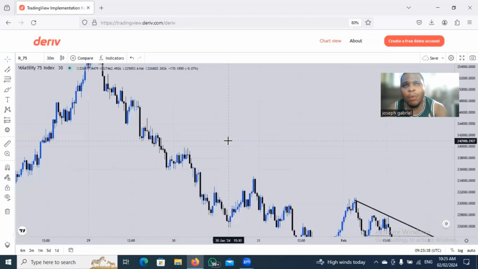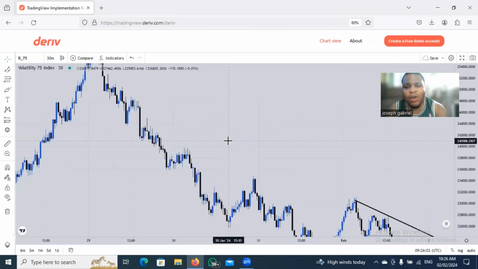So let's say you're looking for a buy on a higher time frame. You should wait for the pattern of a buy, because of course you definitely know that the higher time frame has more power than the lower time frame. The higher time frame has more validity than the lower time frame. So take note of these things, guys.